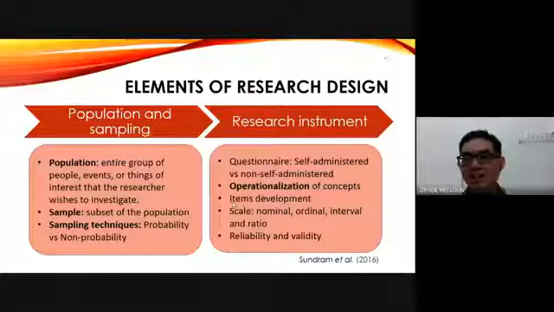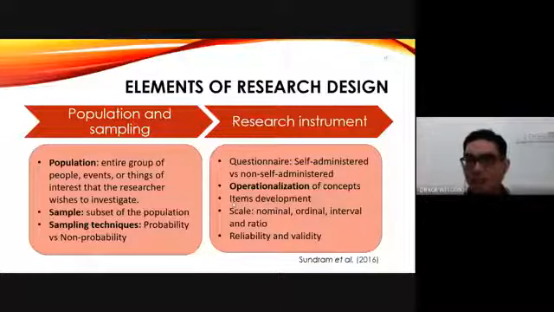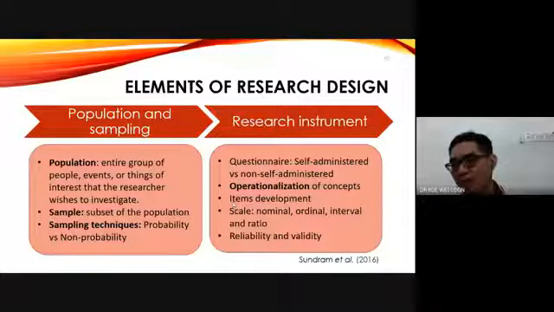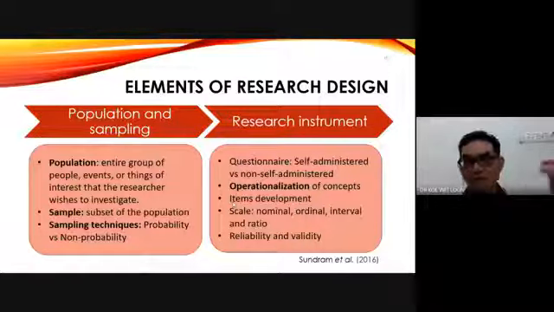Because creating a questionnaire needs validation, it needs what we call reliability study and so on. So normally we don't have that much time to develop the questions. So that's why we will adapt the questions from the previous study.